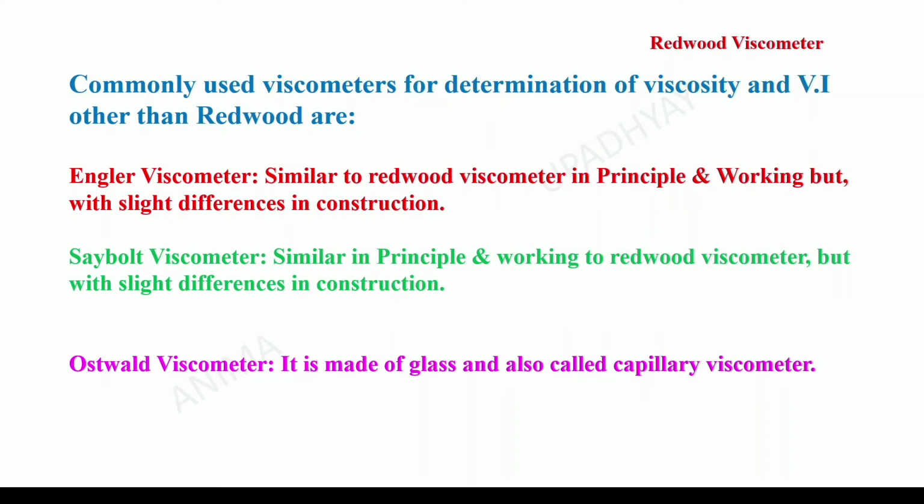But there is a slight difference in the construction compared to Redwood viscometer. The Ostwald viscometer is entirely different from these three viscometers. It is made up of glass and it is also called capillary viscometer.